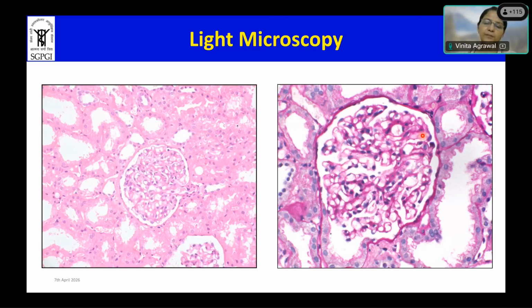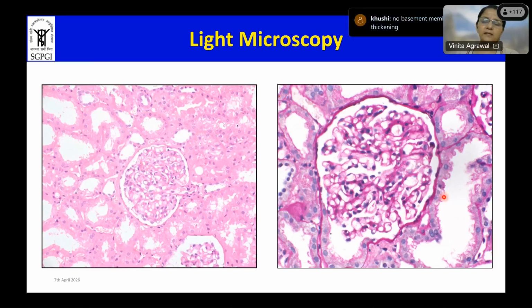What else? First thing is, do you think the capillary loops are patent? Yes. There is no mesangial hypercellularity, the loops are patent. Do you see any crescent in the Bowman space? No. So what do you think?